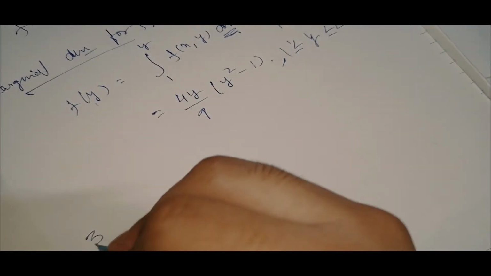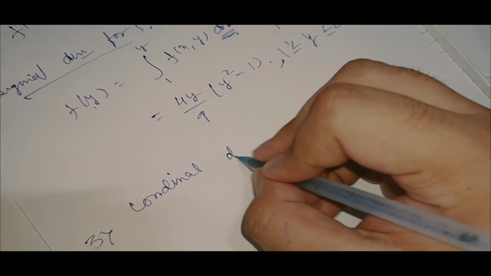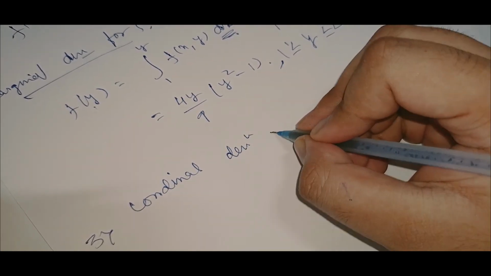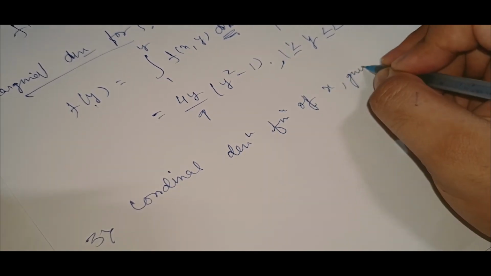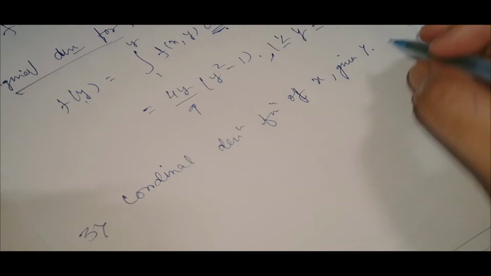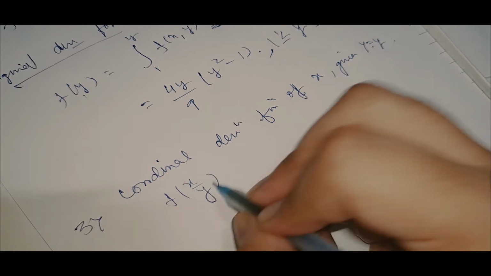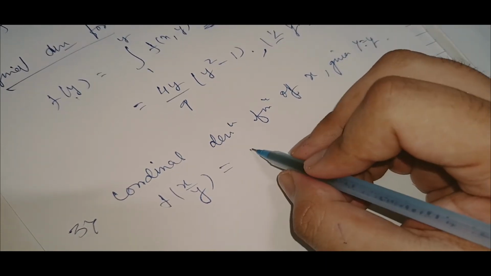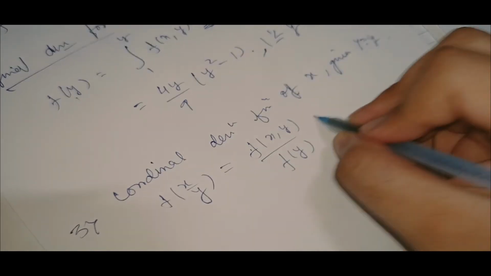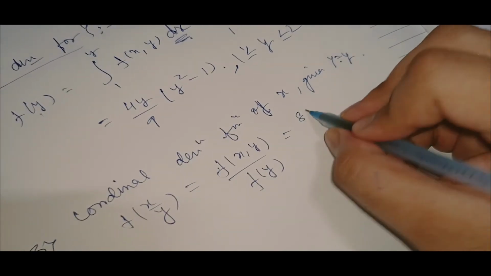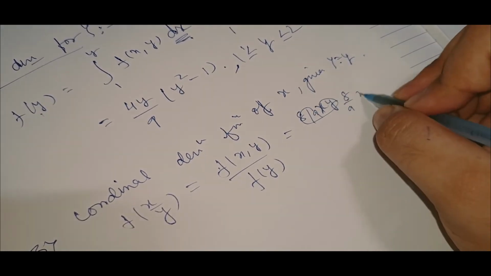Now moving on to the third question, that is the conditional density function of x given y equals y. So for f(x,y) we have been given y, so y would be in the denominator. So f(x,y) by f of y. We calculated f(x,y) is 8 by 9 into xy, right?